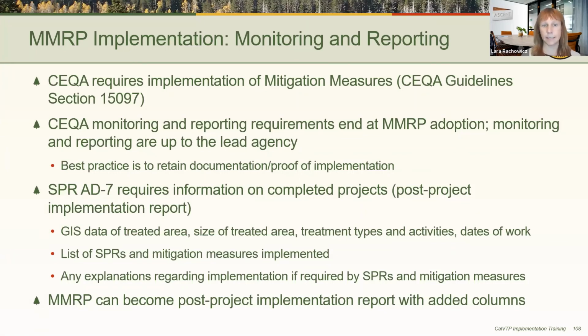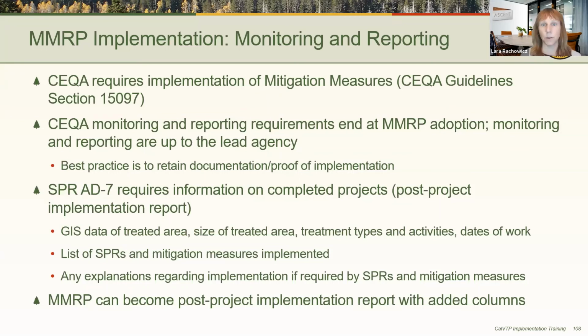SPR AD7 requires that certain information is submitted to the board and CAL FIRE when the project is completed. This is called the post-project implementation report. Along with GIS files and other treatment activity data, SPR AD7 requires a list of all the SPRs and mitigation measures that were implemented and any required explanations regarding implementation.